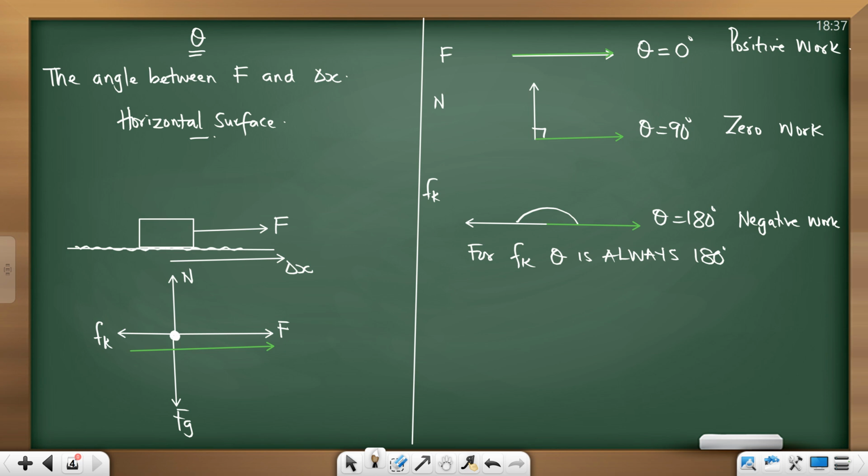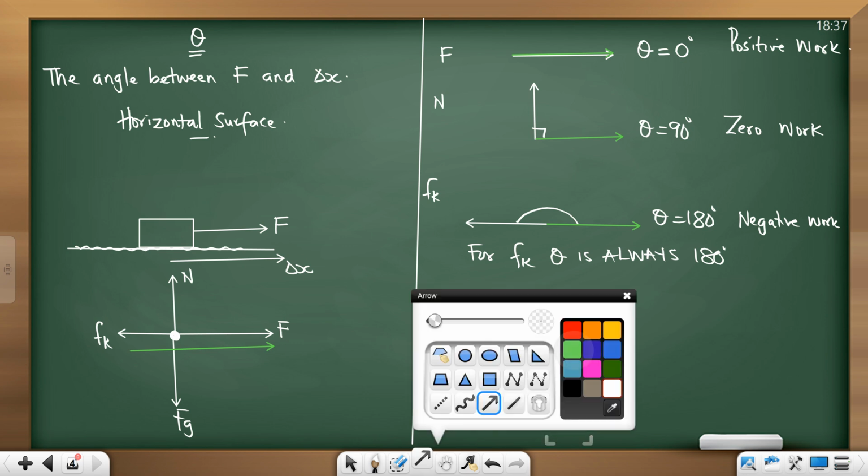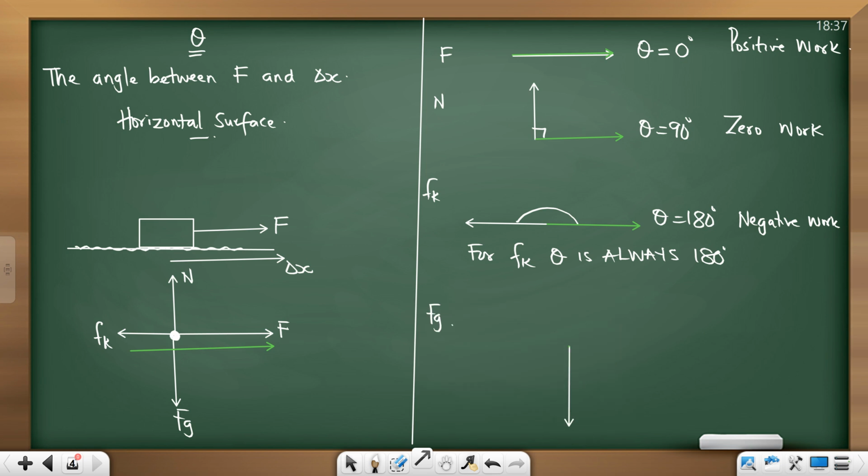What about FG in this case? Whether I measure clockwise or anti-clockwise makes no difference. If you check your calculator, what is cos 90?